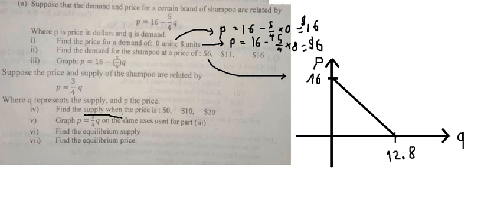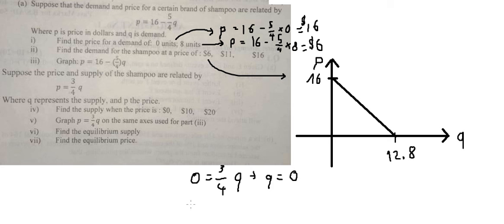Find the supply when the price is 0, 10 and 20. So we have this equation in here. So I put number 0 equal to 3 over 4 Q. So Q should be 0. That means the price.